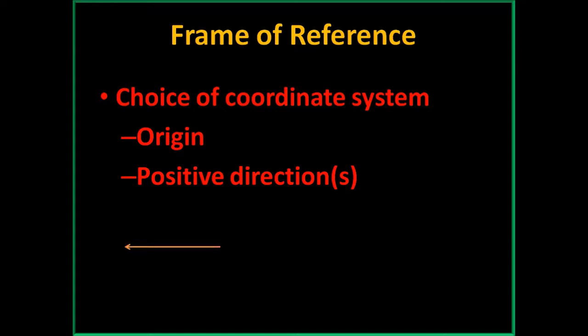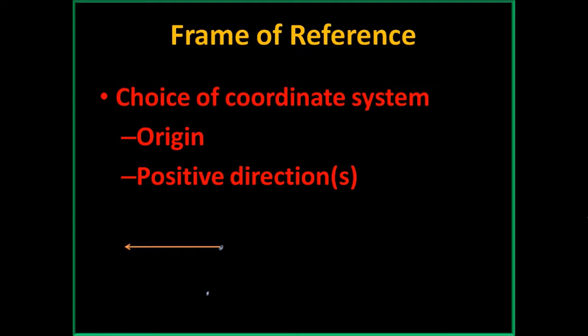So if we're talking about linear motion, that might be the positive direction, with the origin being right at the initial point of that little segment there, which is called a vector. The origin might be right here, but it might not be. It might be right here, with the positive direction still being to the left.